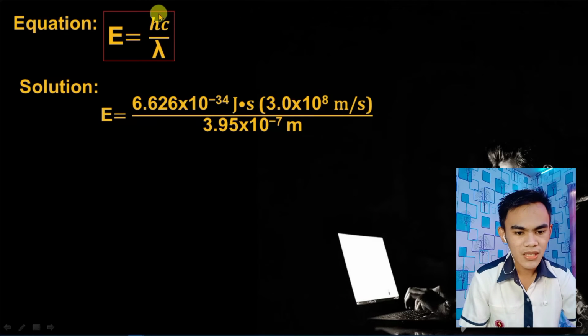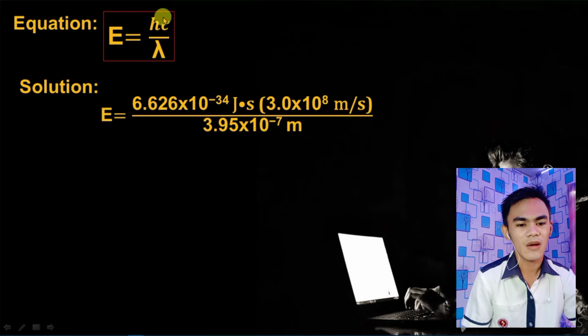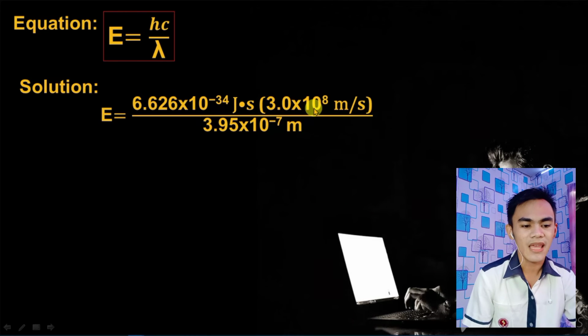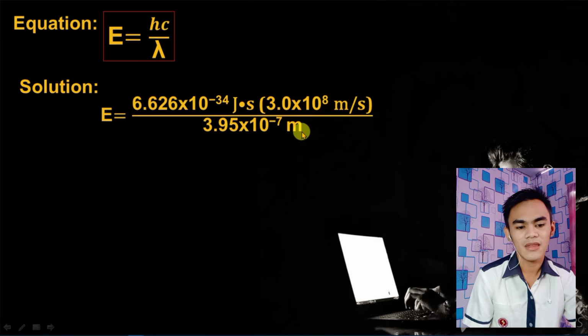The h here is equal to 6.626 times 10 raised to the power of negative 34 joule seconds. And our c, or the speed of light, is equal to 3.0 times 10 raised to the power of positive 8 meters per second. Our lambda, or the wavelength, is given as 3.95 times 10 raised to the power of negative 7 meters.